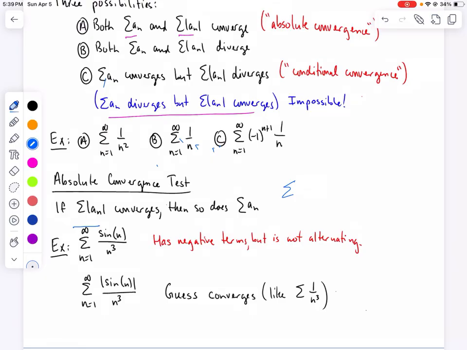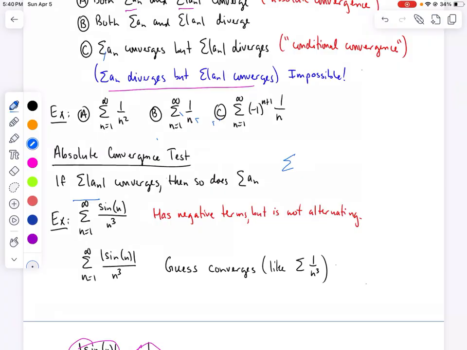So let's look at another example here, the summation of sin n over n cubed. This series will have some negative terms, but it won't be an alternating series. So we look at the absolute series, which means all the terms have been made positive.